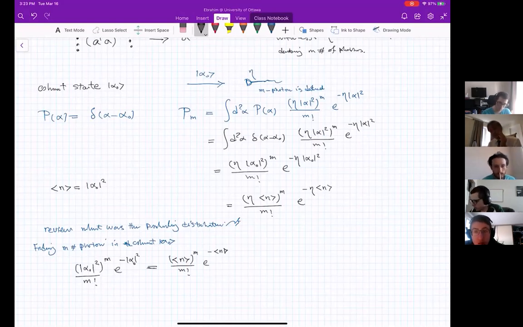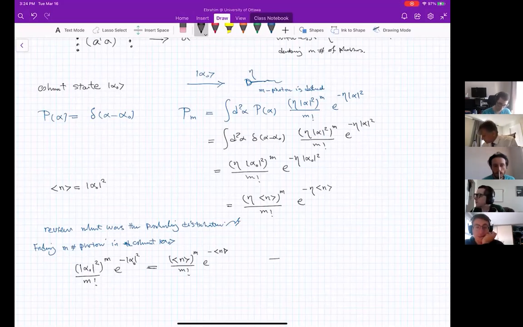So the action of an inefficient detector, with the efficiency of eta, on detecting n number of photons is essentially reducing the average photon number from n to eta n. Nothing else is changed.